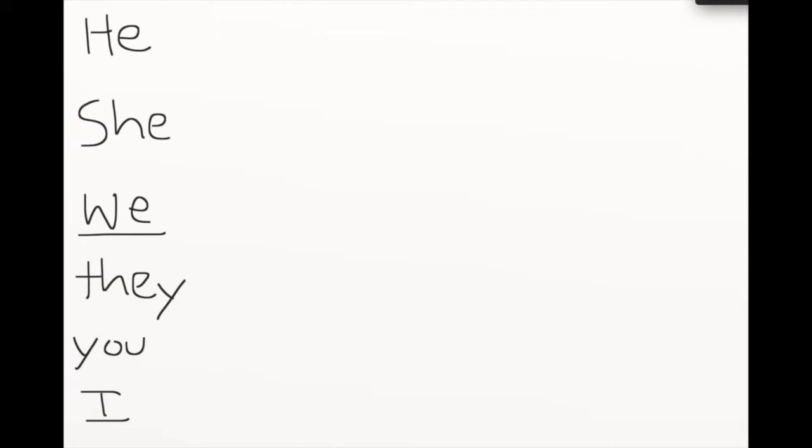Okay, we are now on we. Now take a moment to think, what is the possessive pronoun for we? If you thought our, you are correct. This seems to be a hard one for students to remember.